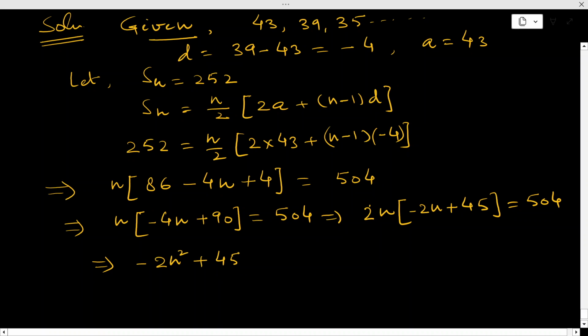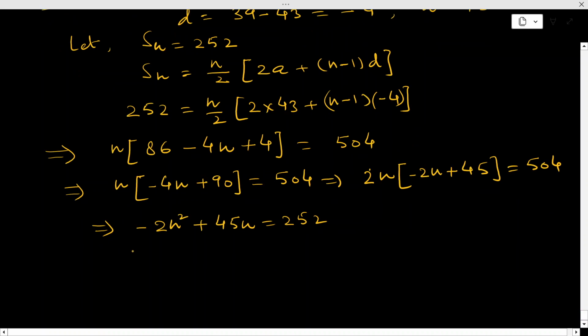plus 45n is equal to 252, because you can take this 2 towards the right hand side, so we are having 504 divided by 2, so it is 252, and this further gives you 2n square minus 45n plus 252 as 0.